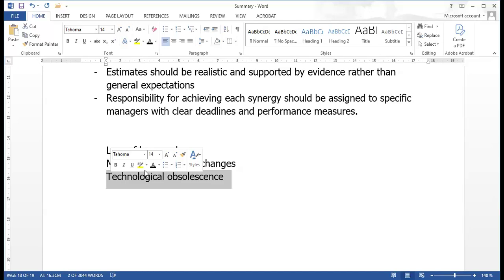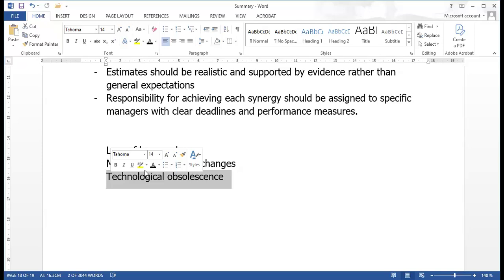Once they are outdated, you have to incur a substantial amount of money to replace or upgrade them. And if those costs were not considered in the purchase price, then the acquisition may generate a lower return than expected.